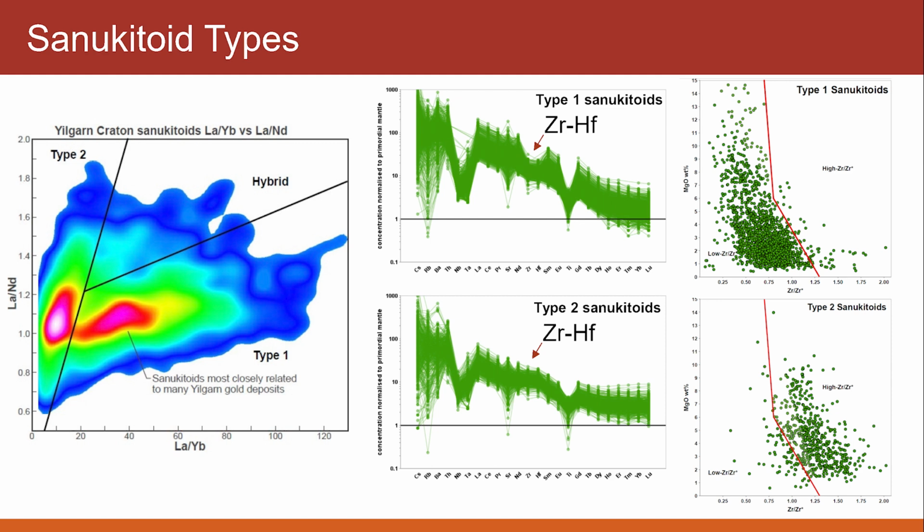And when you quantify the zirconium anomaly, I've plotted it against magnesium oxide here, and you can see there's very little overlap between the two types of sanukitoids. So that's another way that we can distinguish these two types.